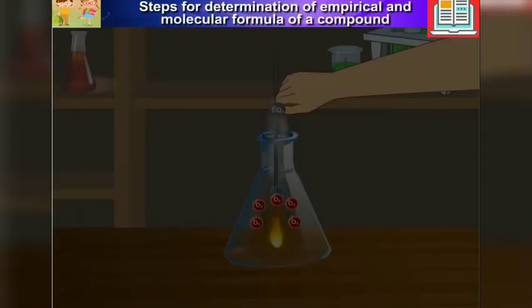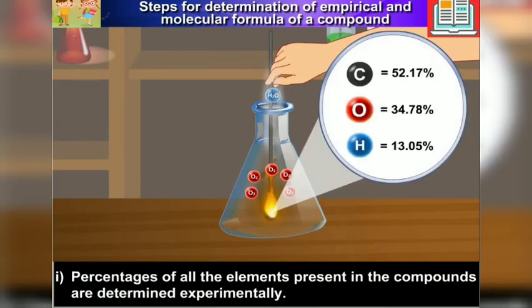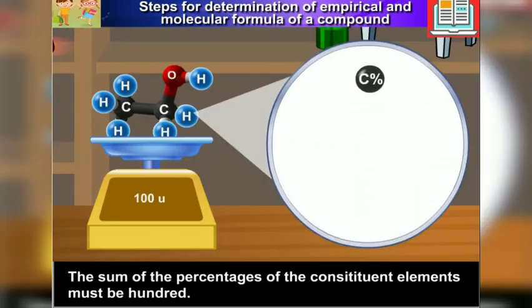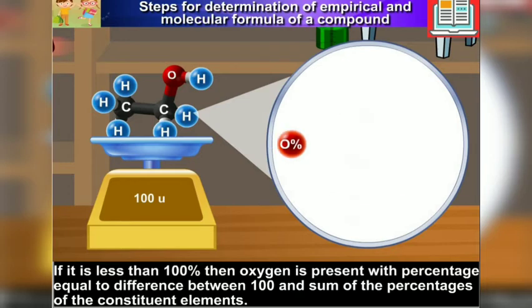Steps for determination of empirical and molecular formula of a compound. 1. Percentages of all the elements present in the compound are determined experimentally. The sum of the percentages of the constituent elements must be 100. If it is less than 100%, then oxygen is present, with percentage equal to the difference between 100 and the sum of the percentages of the constituent elements. 2.